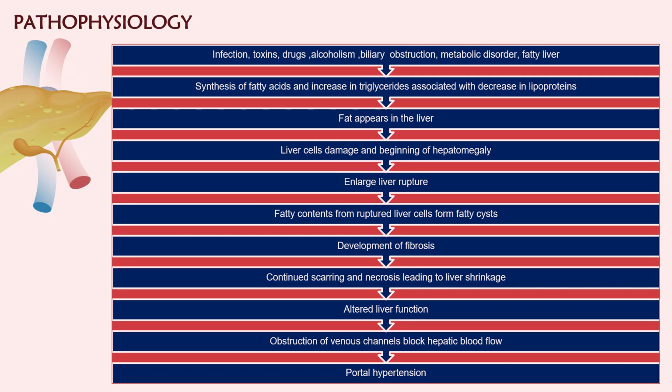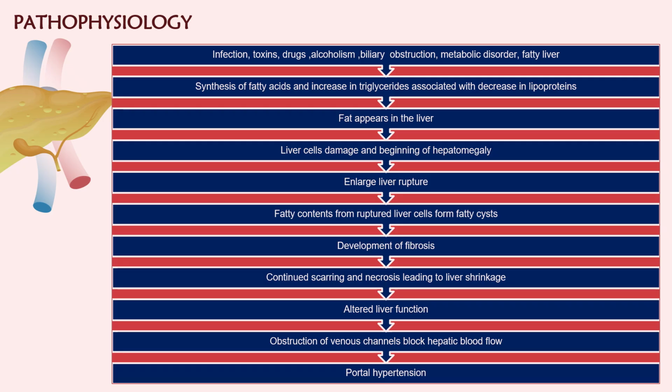Fat appears in the liver, and that starts to damage the liver cells, and there is inflammation of the liver, that is hepatomegaly. This enlarged liver ruptures, and these ruptured liver cells form fatty contents or fatty cysts. This develops into fibrosis or scarring.